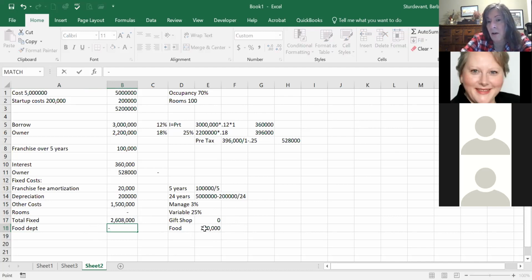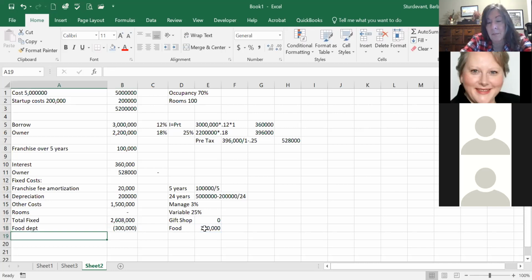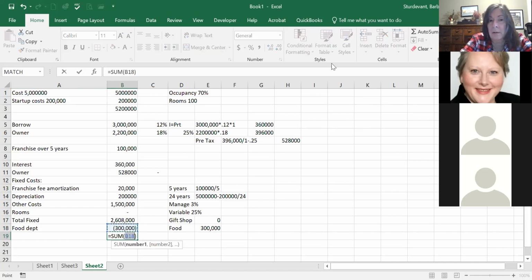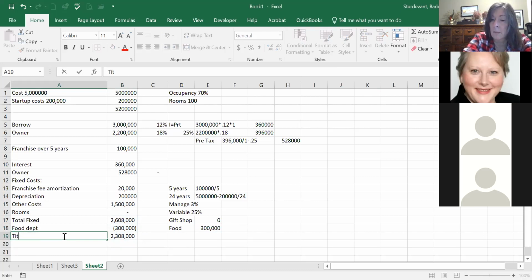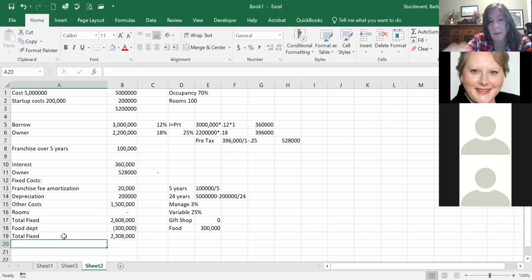So I can just subtract off this 300,000. And then this is what I need to cover in my sales. So if you have another area that's going to contribute to the fixed costs, that's that much less that you have to get from the room department. So this is what we're going to stick into our formula. Are you okay with that? That's a little bit different.